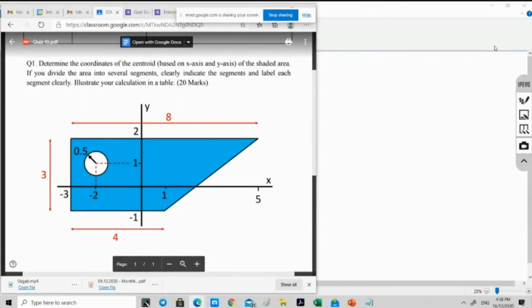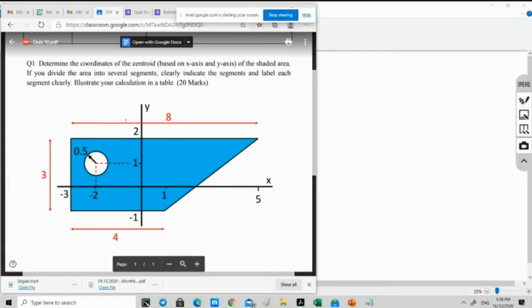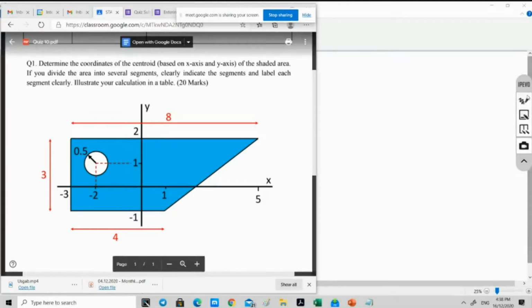So basically, when we have a composite area like this, and we need to find the centroid, we first have to determine how we will divide the whole area into separate segments of basic shapes, right? So in this case, we can divide this into one triangle here, one rectangle here, and then minus this circle there, right?